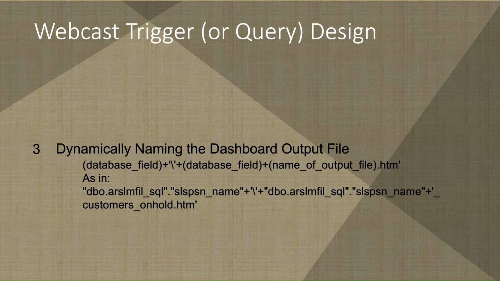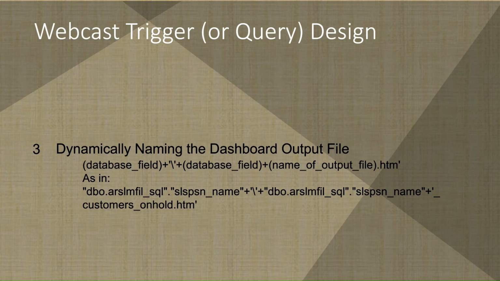We will modify the dashboard address column as follows. The database field, backslash, database field plus the name of the output file. And in this example that you will see, we're going to again have the table and the salesperson name column, backslash, plus, again, the table and salesperson name plus _customers_on_hold as the output file name.